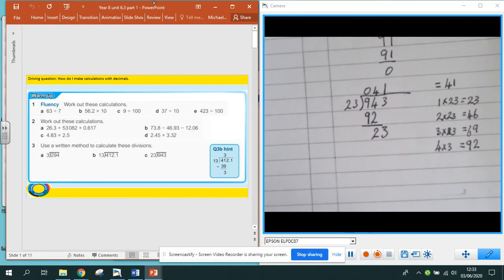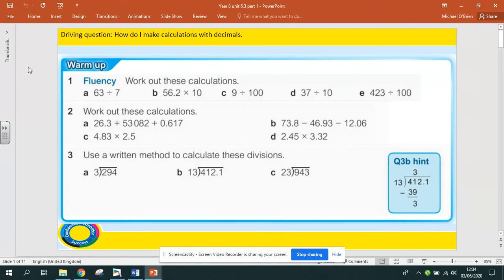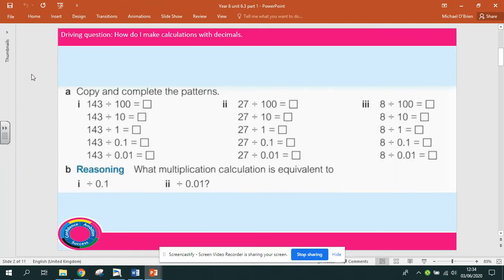Okay, if you need to write down any corrections, or you need to go back through the lesson to see any of your corrections, please do so. Otherwise, or when you're ready, please just restart the lesson and we'll get on. So, the next thing which I'm going to be going through is these number patterns.